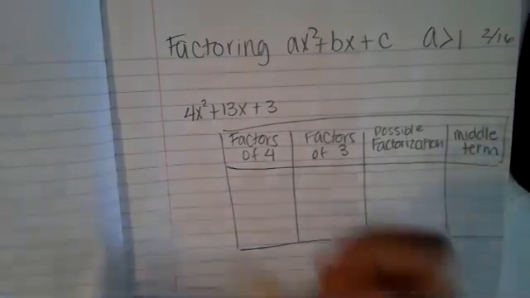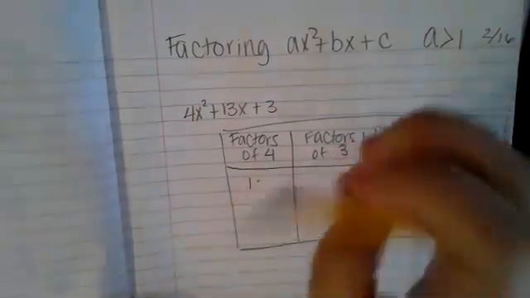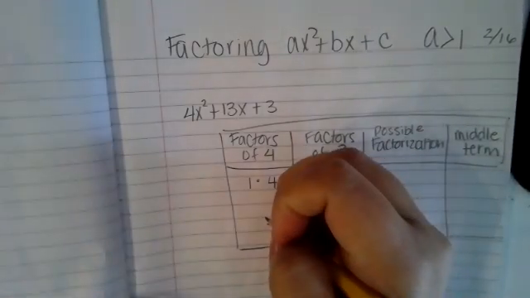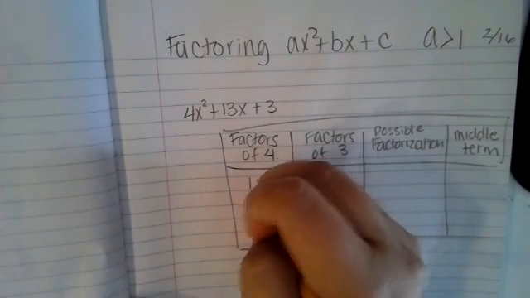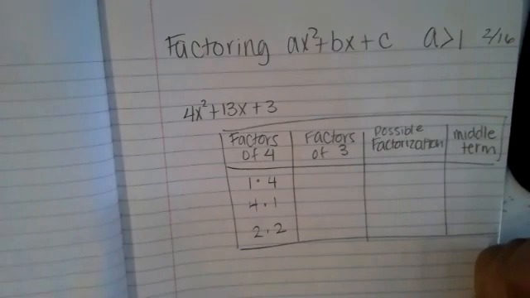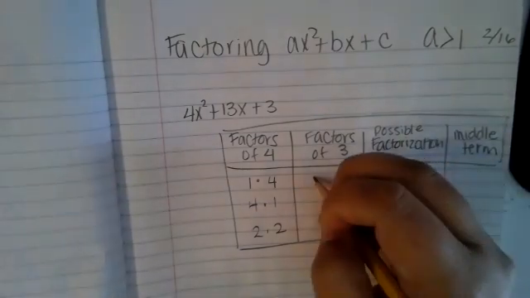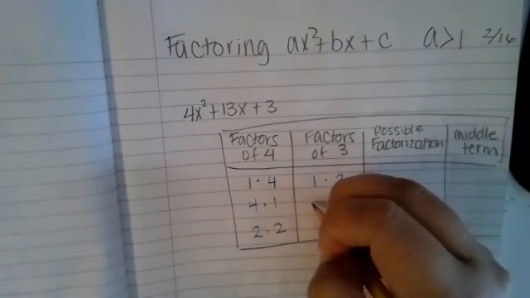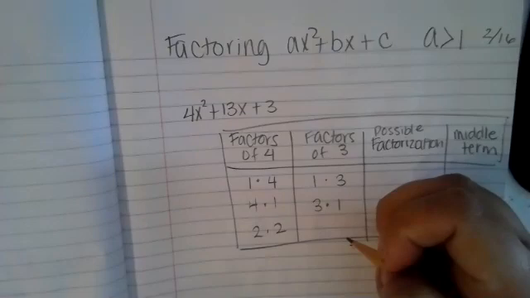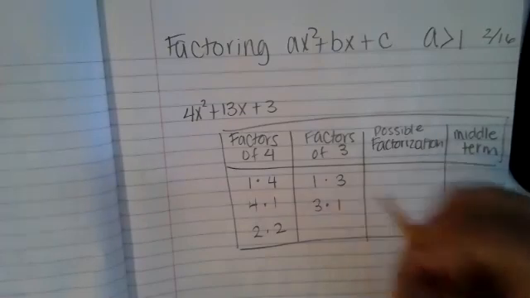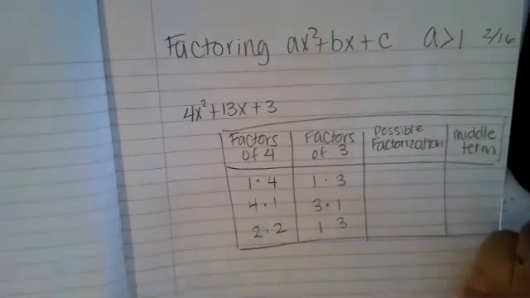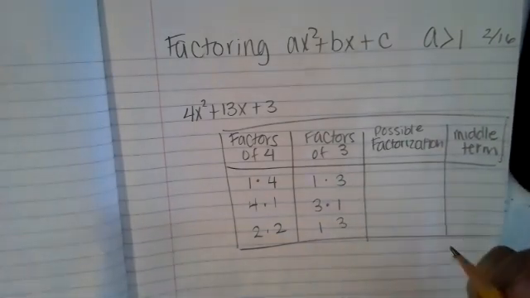When we take a look at factors of 4, that could be 1 times 4, 4 times 1, or 2 times 2. Okay, factors of 4. Then we look at factors of 3: 1 times 3, 3 times 1, and 1 times 3 again.